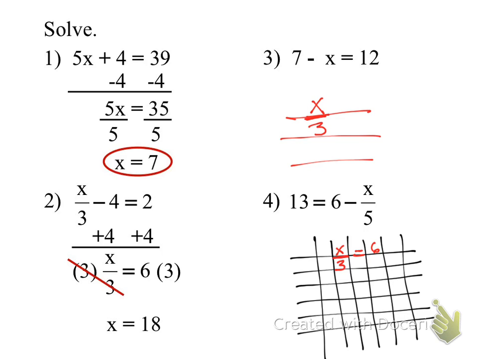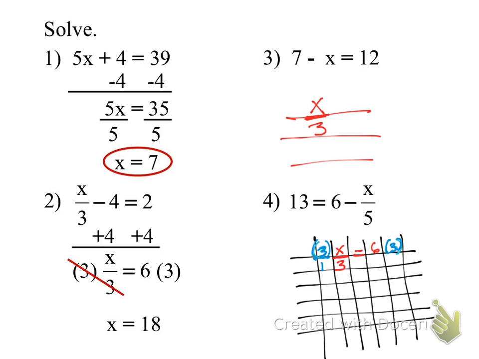This is very important. So now I want to get rid of the x, I'm going to be multiplying by 3. That's really the same thing as 3 over 1.